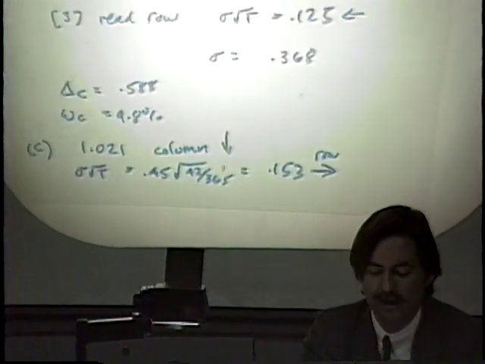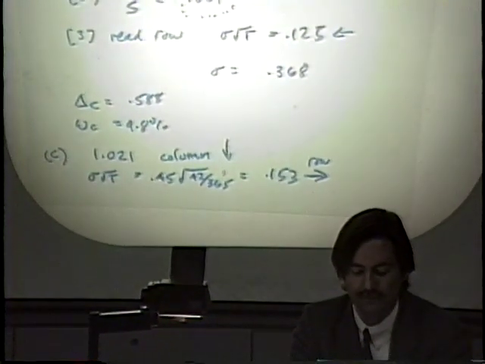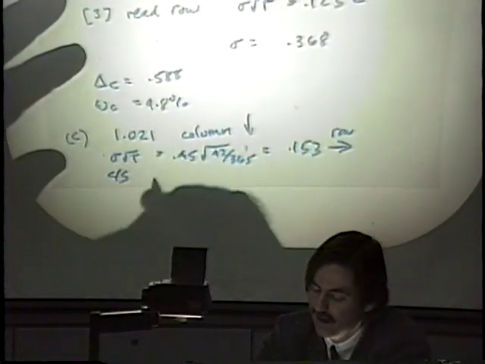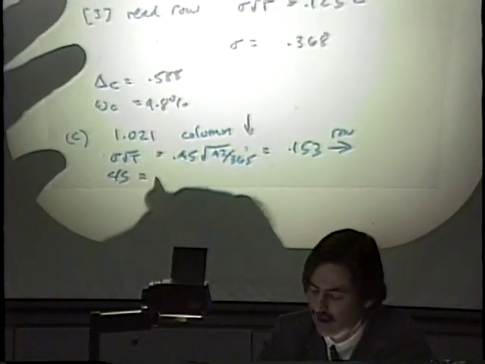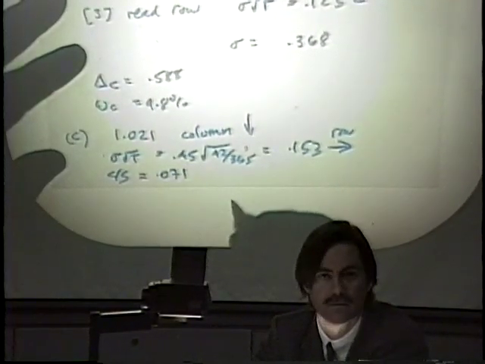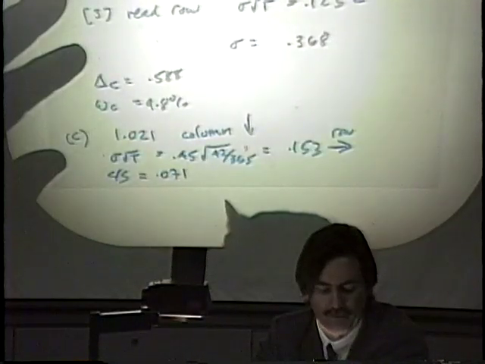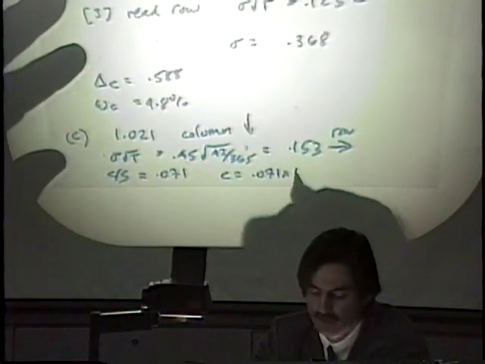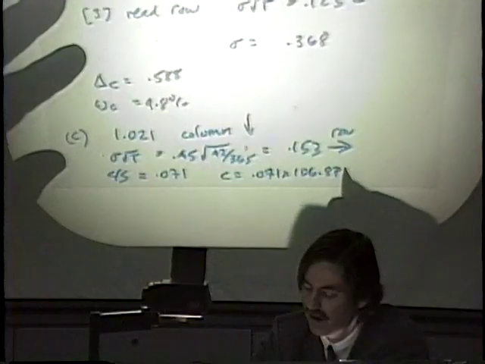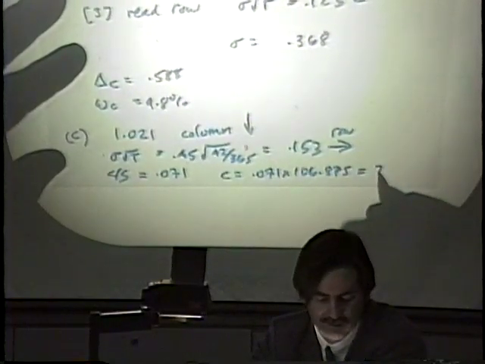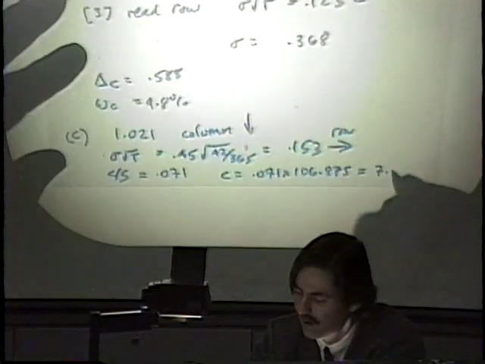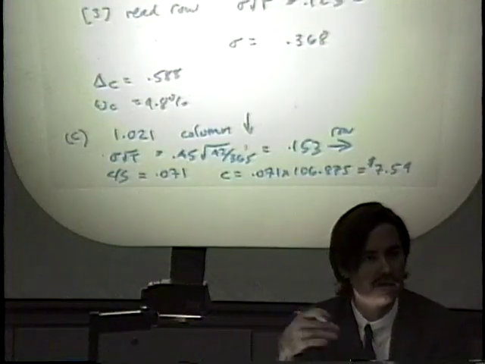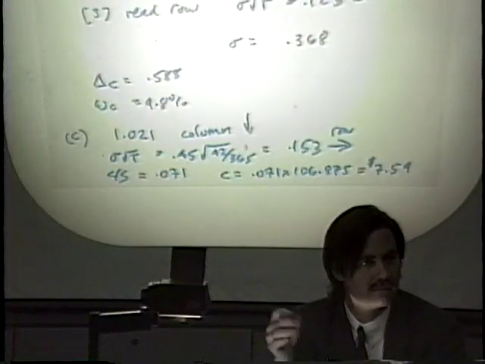We're going to pick out a cell, and the cell is going to be C divided by S, and that I interpolated to be 0.071. And then the call is going to be 0.071 times 106,875 equals, I think I wrote 759. Approximately. You're not going to exactly get this number, that's fine.